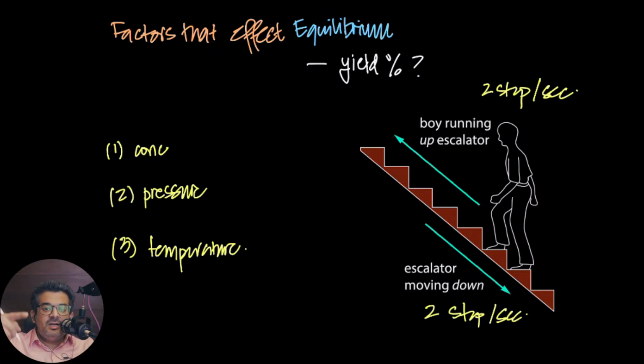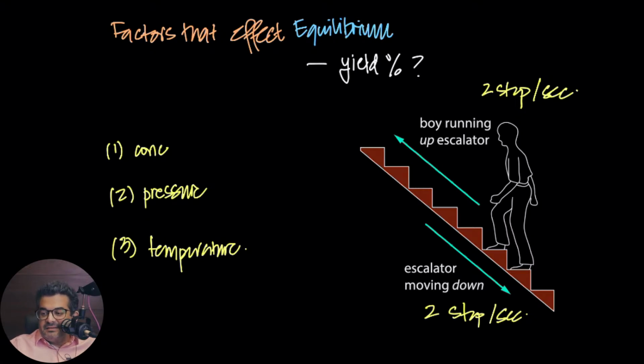Since the rates are equal and in opposite directions, the boy is stuck in the same space on the escalator. He doesn't seem to be moving. That's an equilibrium. But he is moving and the escalator is moving. That's what happens in reactions also. The reactions are moving forward and backward, but they seem to be still because the number of molecules doesn't change.